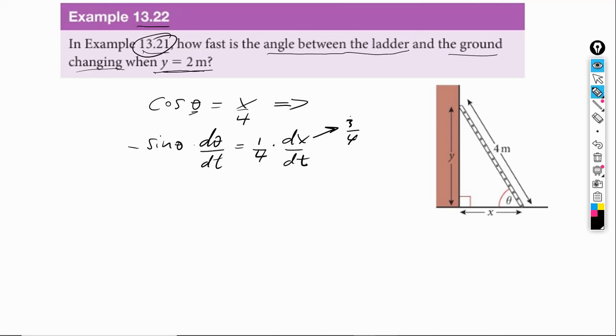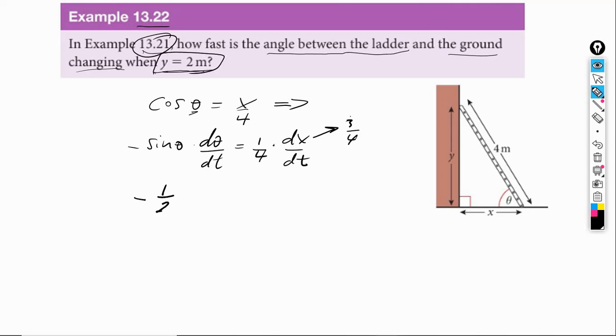So notice that we can plug in everything in this equation and then solve for the rate of change of the angle. So negative sine of theta, that's going to be minus y over 4. But y, in this case, is equal to 2, as they said here. So negative sine would be 2 over 4, and that's 1/2.